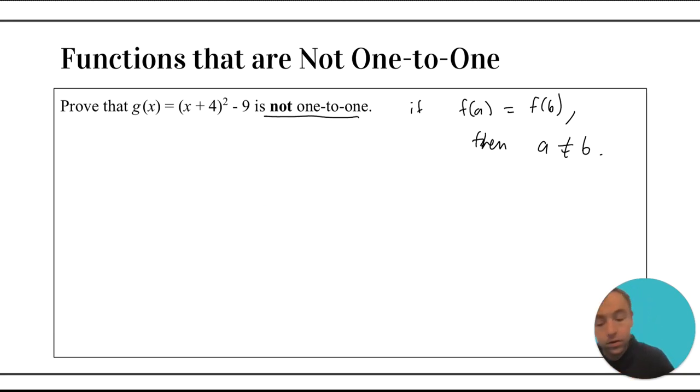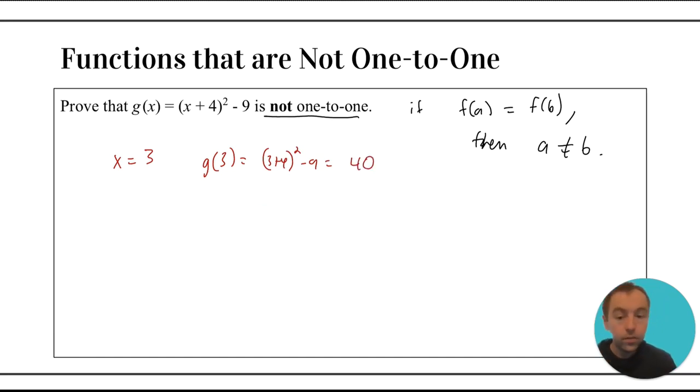So one way we could justify that is by plugging in some numbers to see if we can get the same y values. Maybe if we let x be, say, 3, then g of 3 would be equal to 3 plus 4 squared minus 9. 3 plus 4 is 7, and 7 squared is 49. 49 minus 9 is 40.